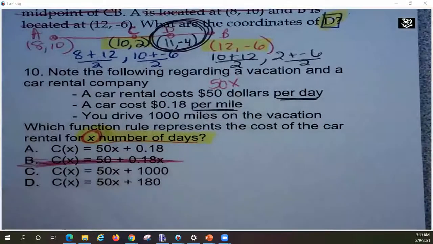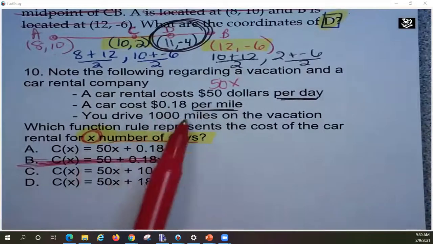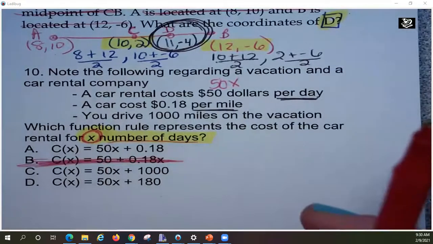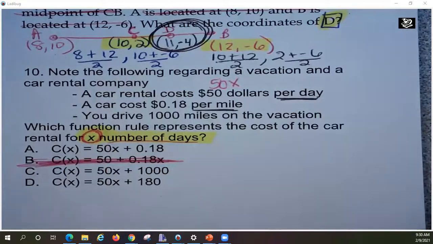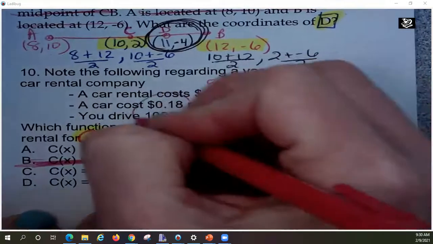Okay? All right. Then I have 18 cents per mile, and you drive 1,000 miles on the vacation. Anybody have any ideas about what else you can do on this problem? Whether it's A, C, or D? You can multiply these two.